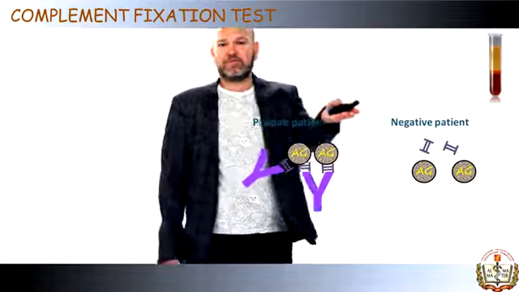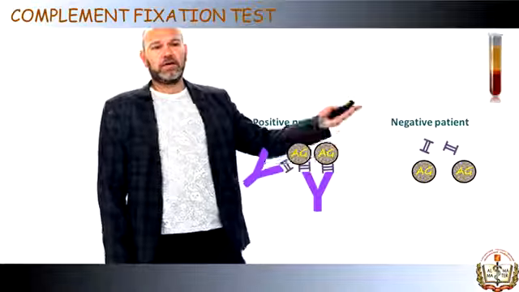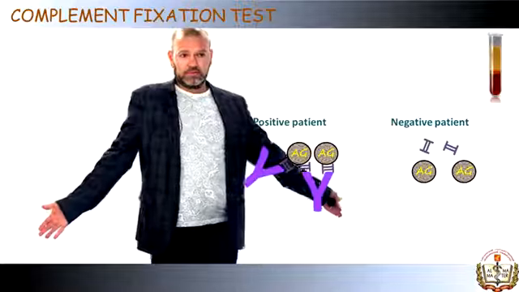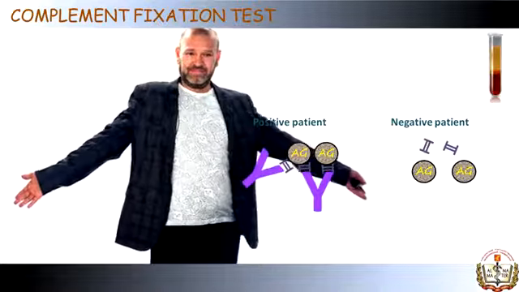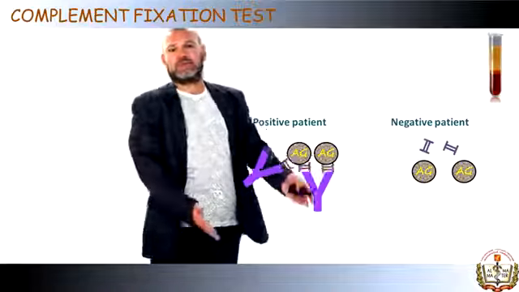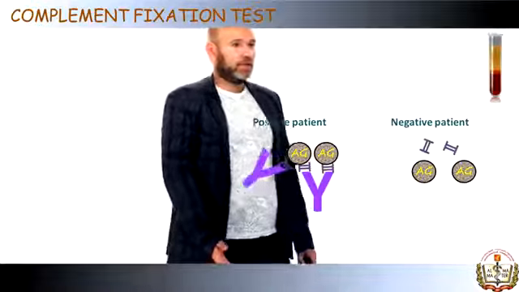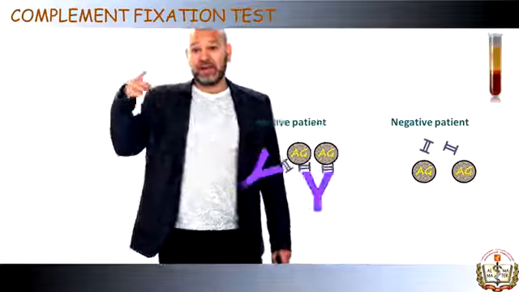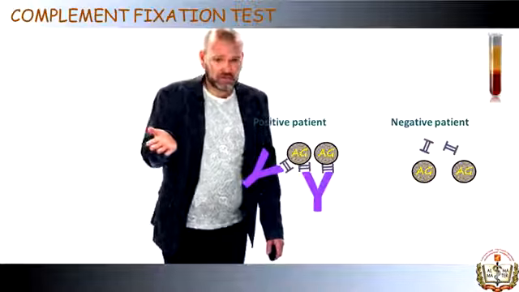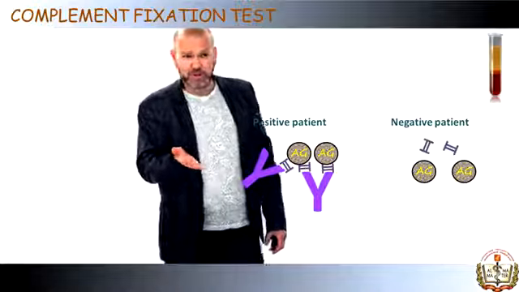How to see whether it is fixed or not? How can you see if complement is bound to the complex or not? Of course, you will not see, because the complex is invisible. And actually, why did we talk about hemolysis on the last slide? Complement is a protein which is soluble in solution.